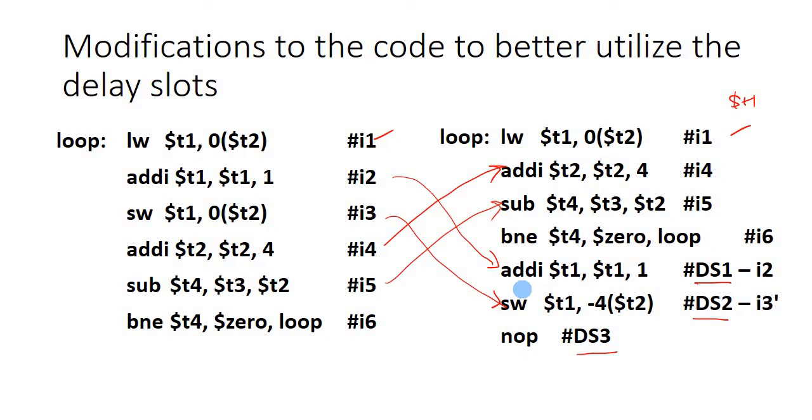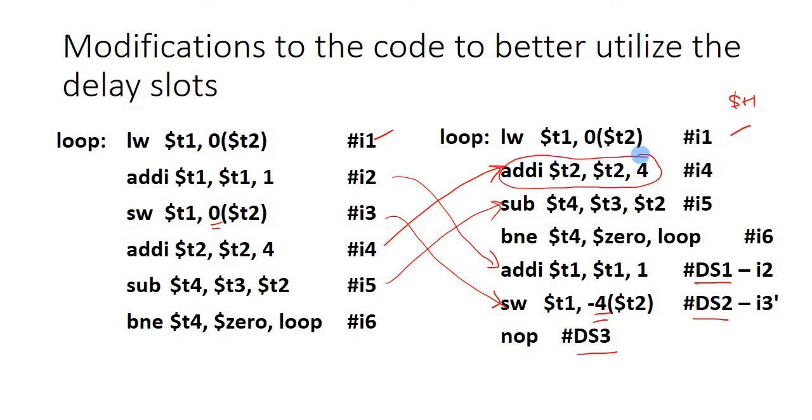So you can see that if I were to go through the code, logically I am not making any changes, but the code has changed slightly in the sense that in instruction 3, previously I used an offset of 0, and here I use an offset of -4. The only reason is because I already do the addition over here.